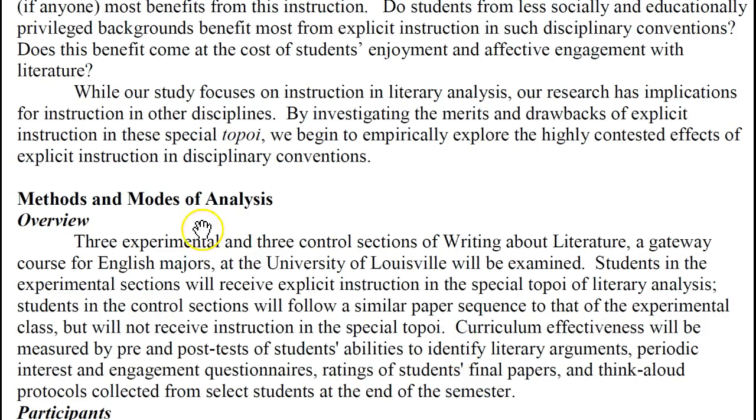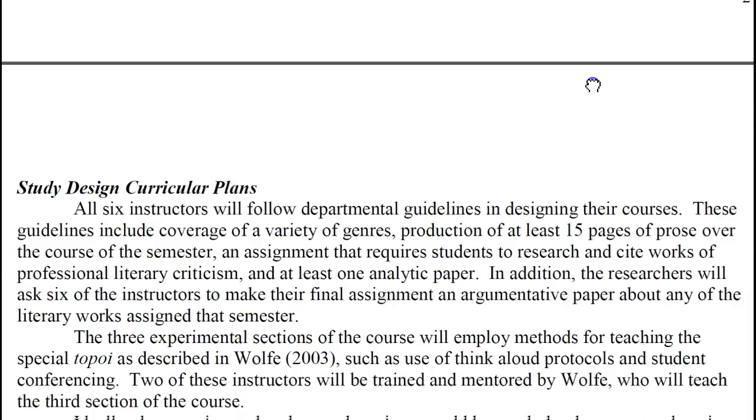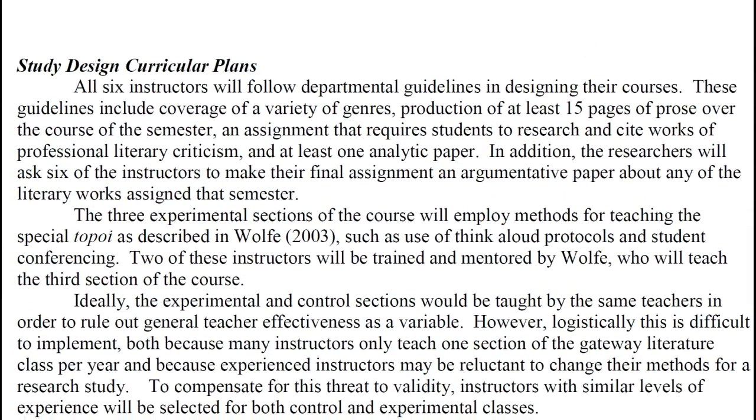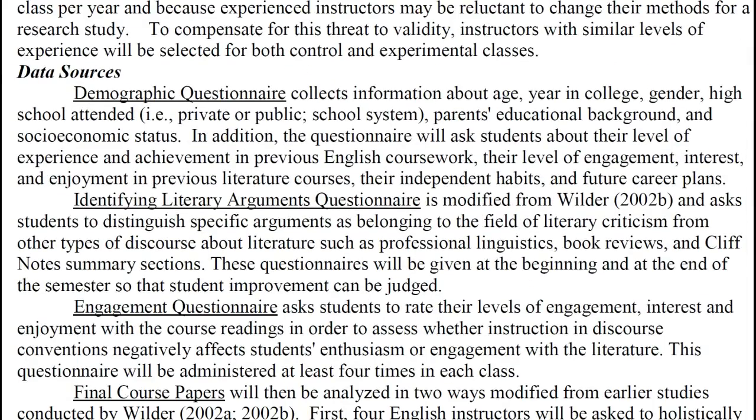Here are our methods. We propose 3 experimental, 3 control sections of a particular course. The experimental sections were explicitly taught the topoi. Control sections just did what they normally did. We describe the number of people we think will be involved, how we would implement explicitly teaching the topoi, and different kinds of questionnaires.